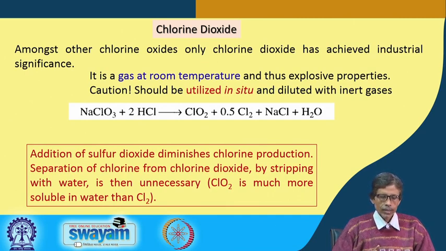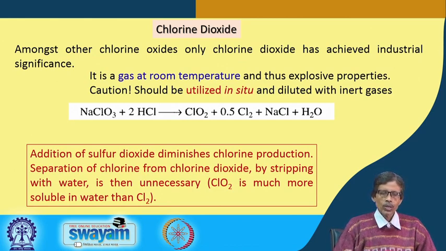So, the stripping of chlorine with water is unnecessary, because ClO2 is much more soluble in water than Cl2. If we use water, the ClO2 will go with that water.